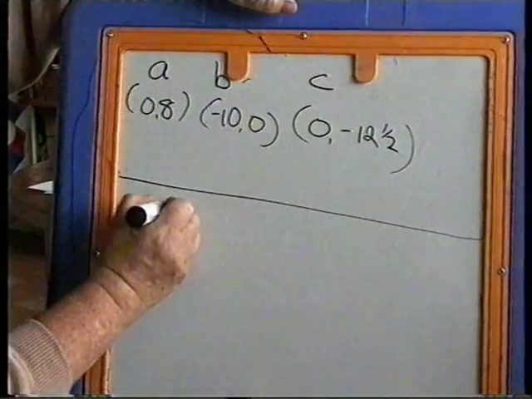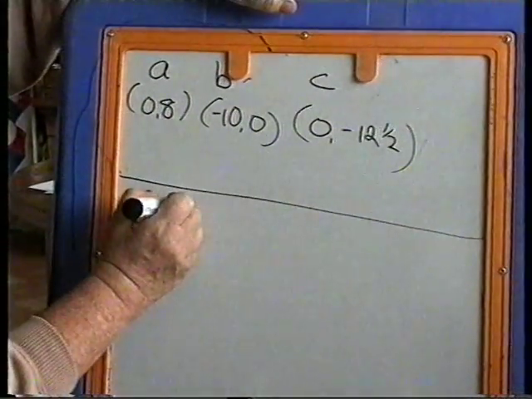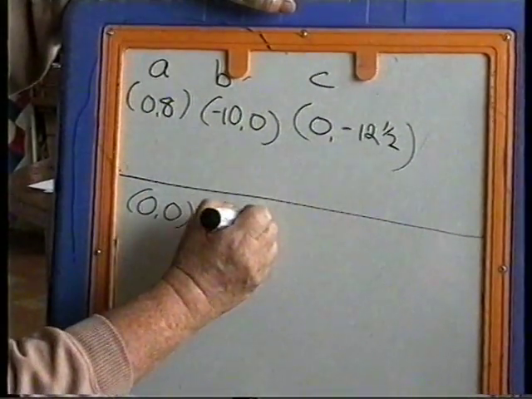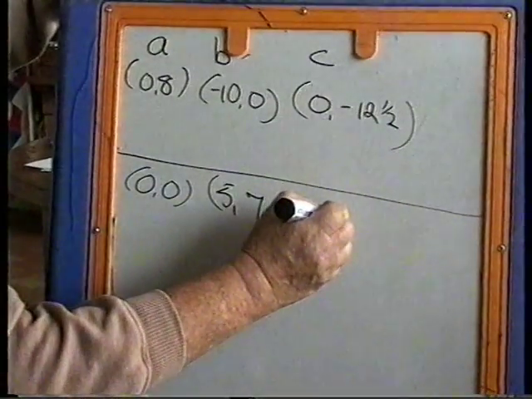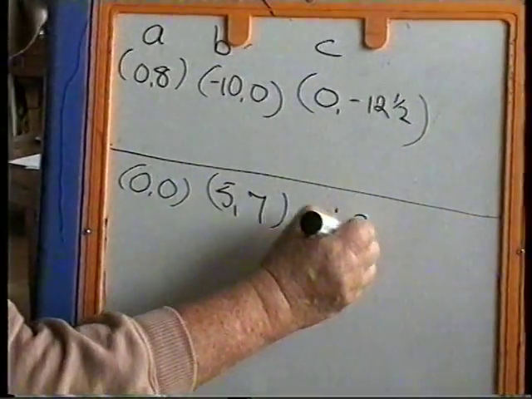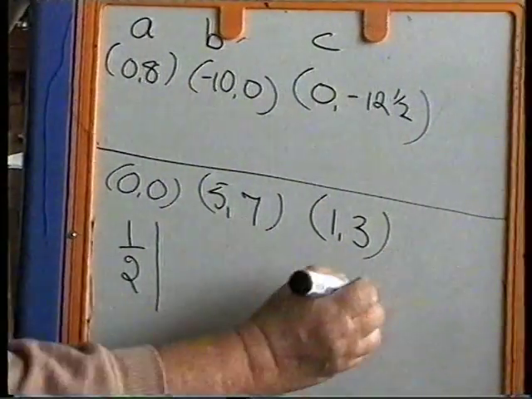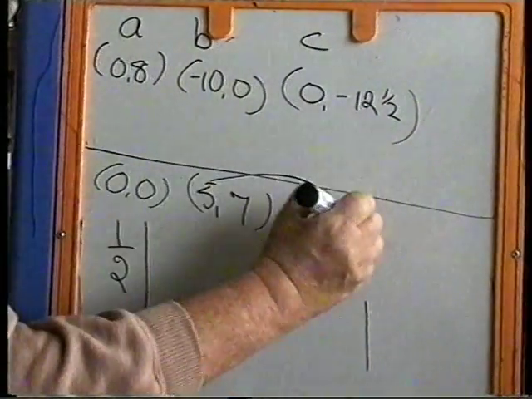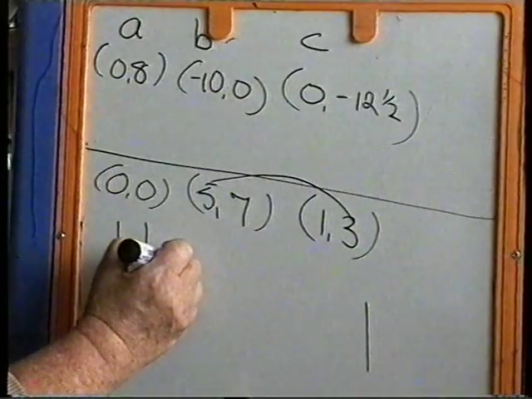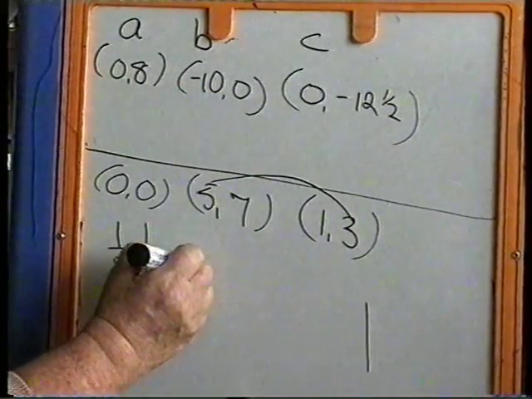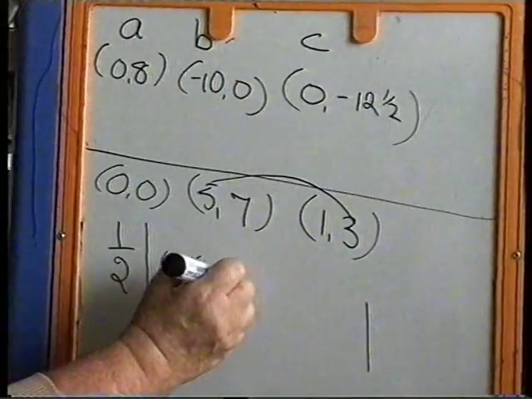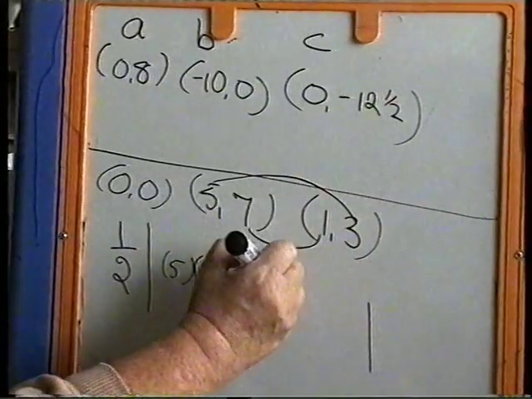So if you have a triangle with a point at 0, 0, 5, 7 say, and 1, 3. You get half the positive value of the two outside ones multiplied together, 5 and 3 are 15, minus the two inside ones multiplied together.